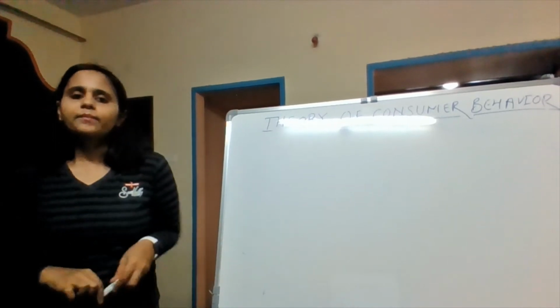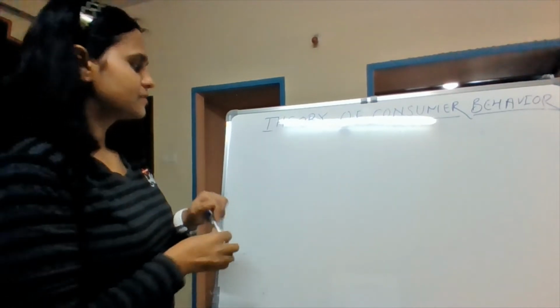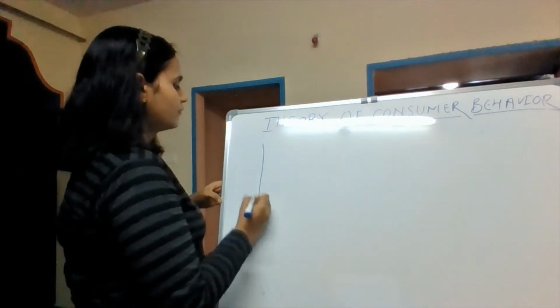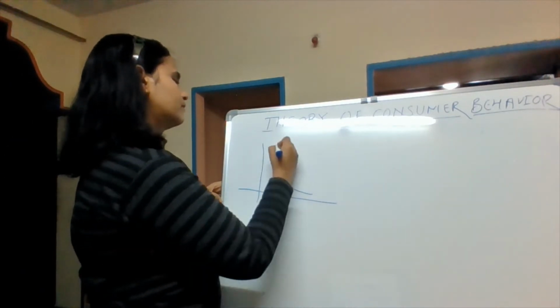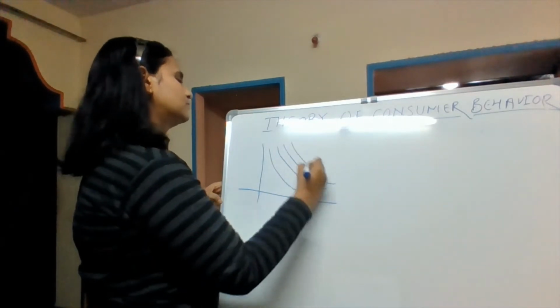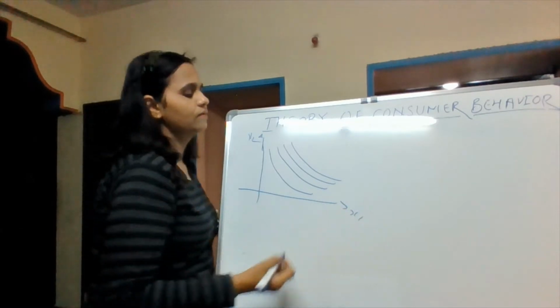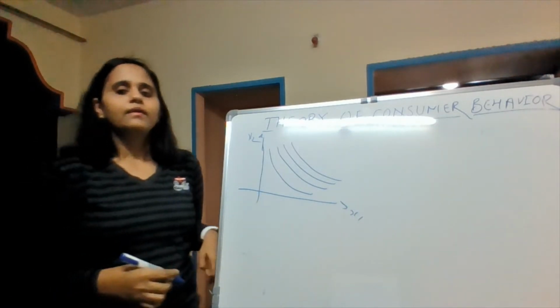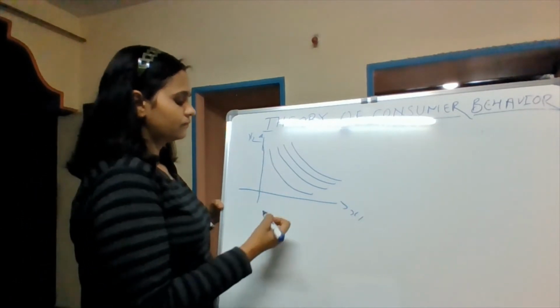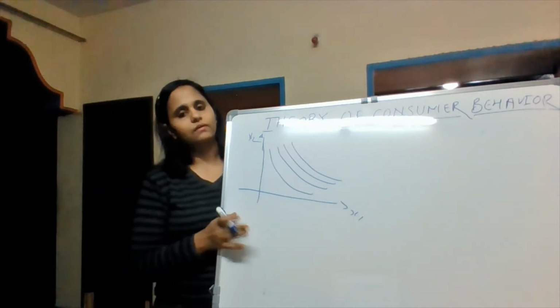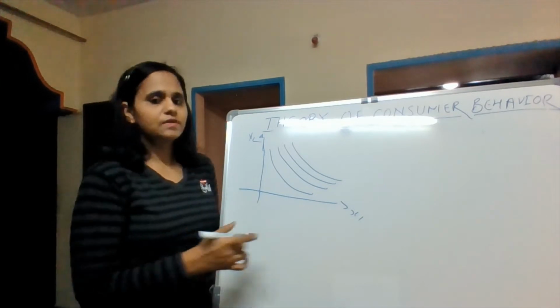Now, utility maximization. How do we maximize utility using the indifference curve approach? You have different indifference curves. This is your x2, this is x1. How do you know which indifference curve is optimum for the customer?